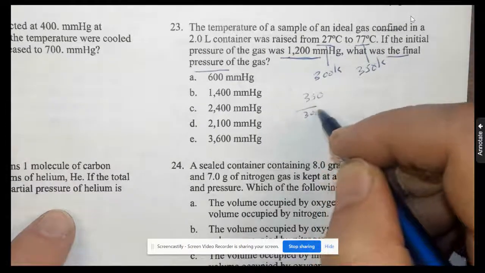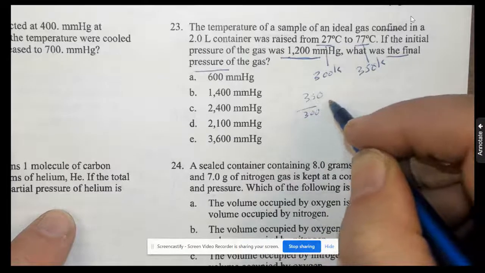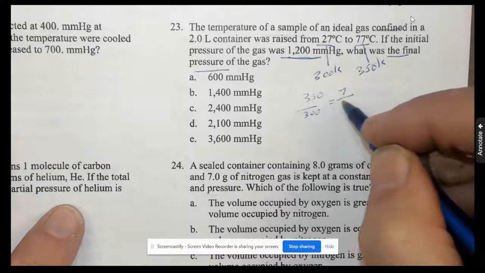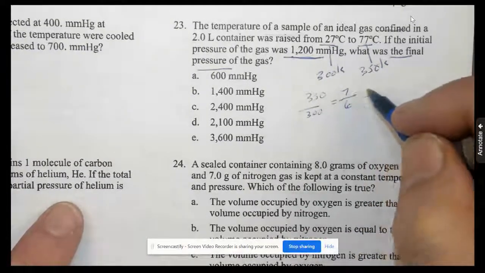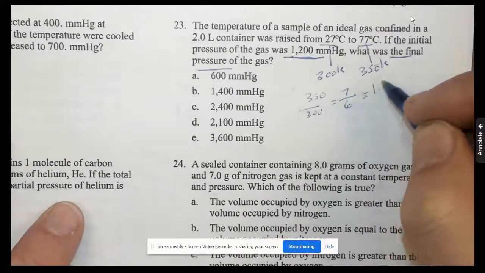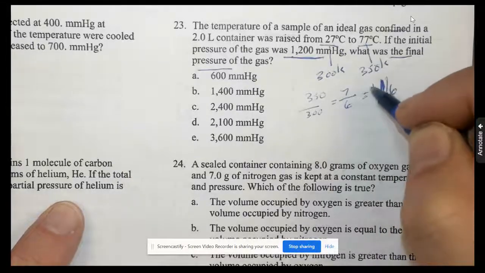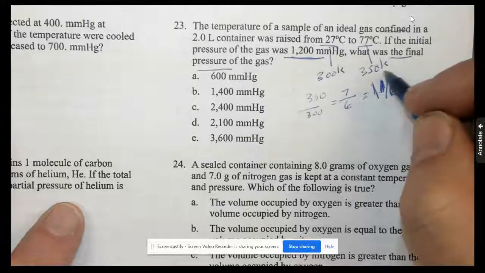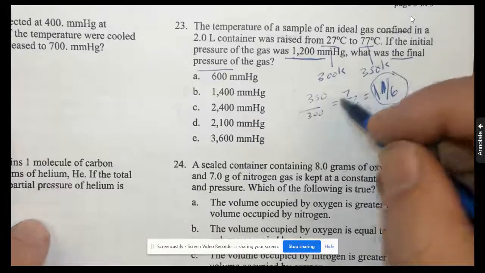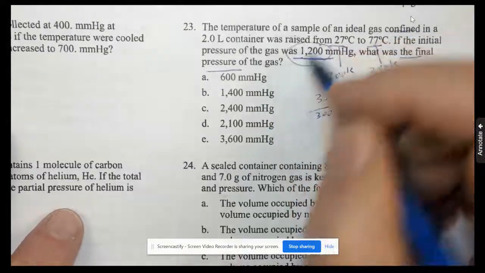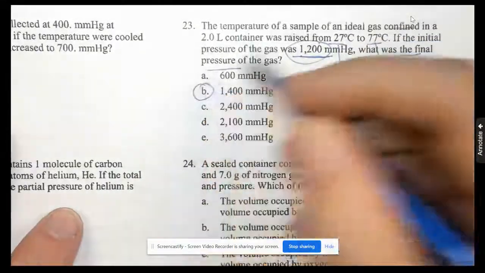So that's a factor of, just simplifying this, 7/6. All right, so that's only 1 1/6. That's a really small increase, so I would not expect a big increase in my pressure. So 1400.